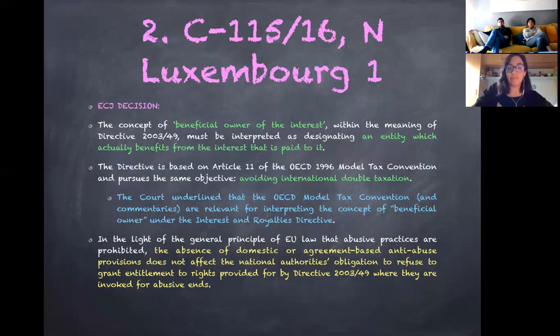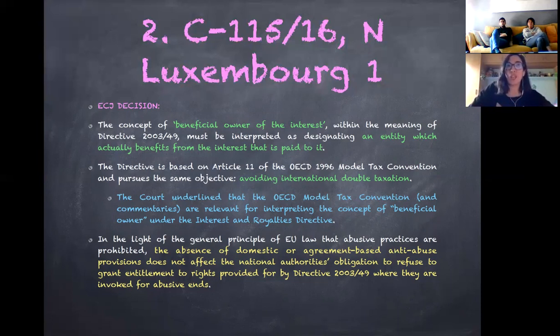The Interest and Royalties Directive is based on Article 11 of the OECD Model Tax Convention in the 1996 version and has the same objective: avoiding international double taxation. The ECJ has underlined that the OECD Model Tax Convention and obviously its commentaries are relevant for the interpretation of the concept of beneficial owner under this directive.